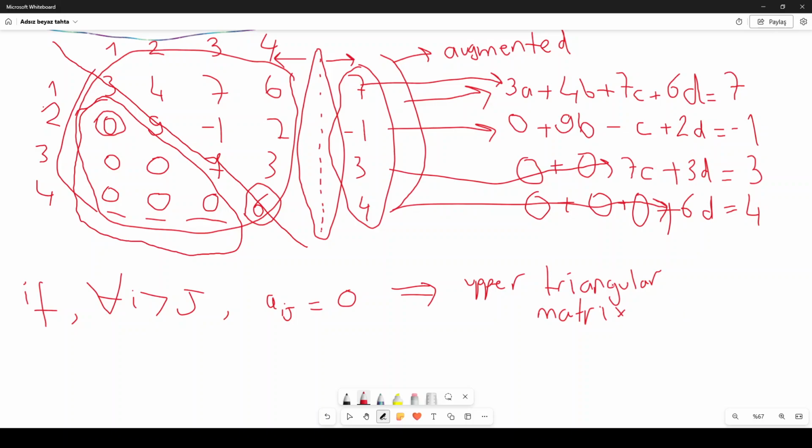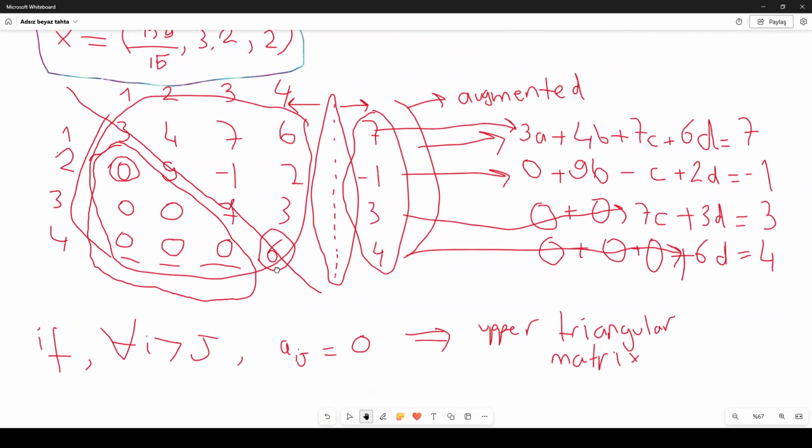Okay guys, the matrix I just showed you here is an upper triangular one. Why? Because I look at the entries below the main diagonal and they're all 0. And notice that we have a kind of staircase ladder of zeros.